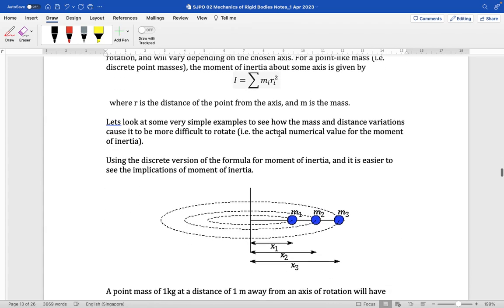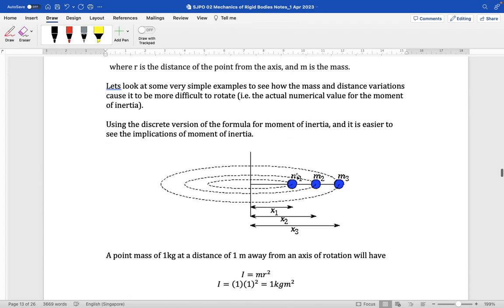Let us take a look at some examples. In this case, you have m1 at a position x1 away from a center, m2 at a position x2 away from the center, and m3 at a position x3 away from the center. We can simply find the total moment of inertia by adding them up.